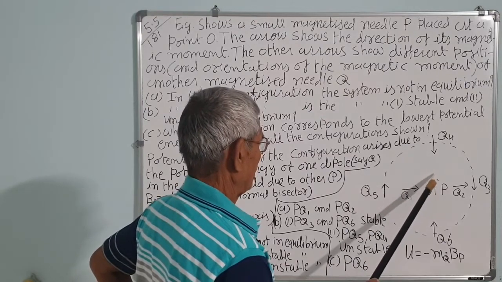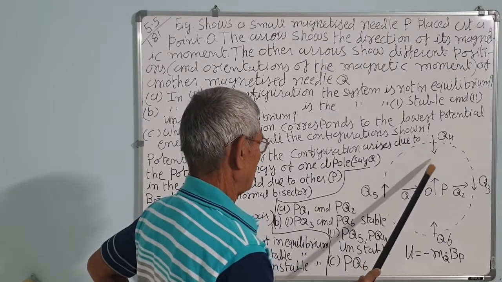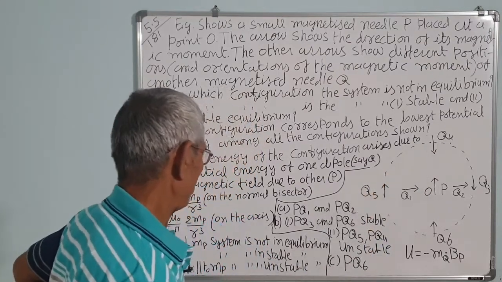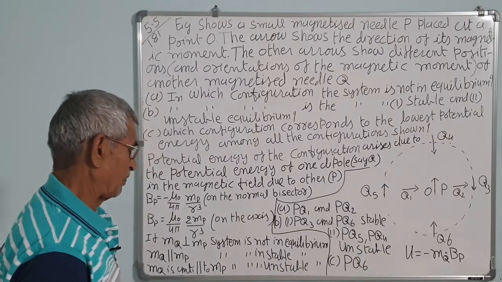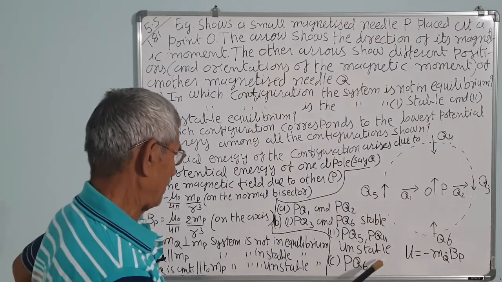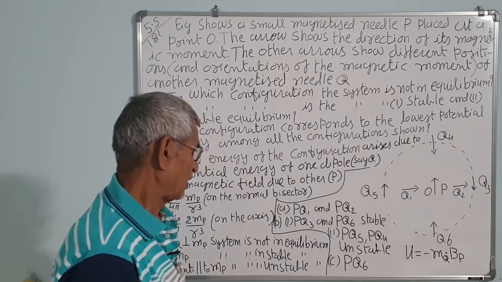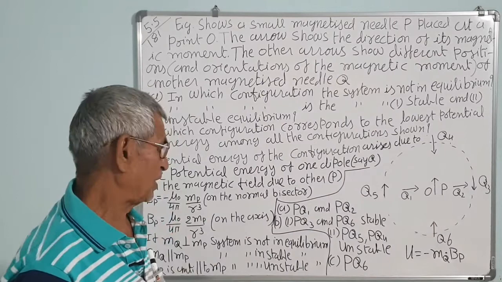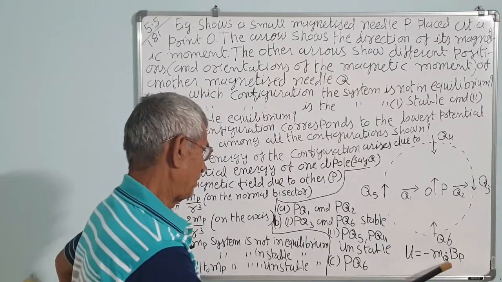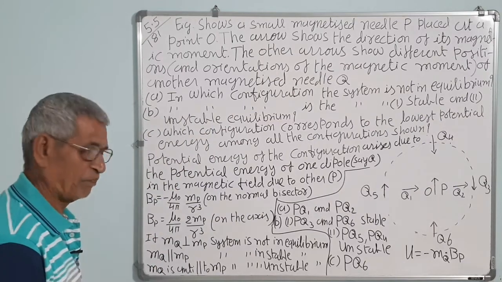Similarly, here also the magnetic field is like this, so this is opposite, as in Q4 and Q5. Q4 and Q5 are in unstable equilibrium, because here the angle is 180, and cos 180 is minus 1, so U = -m_Q B_P times minus 1, that is plus m_Q B_P. The potential energy is maximum.